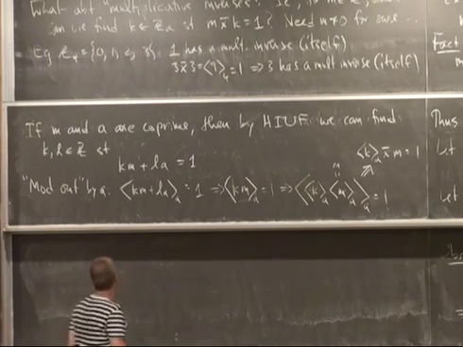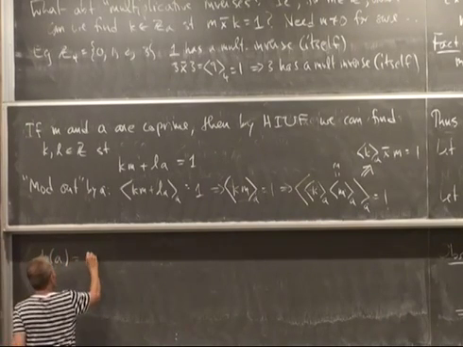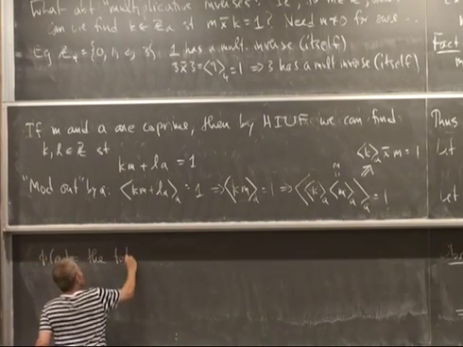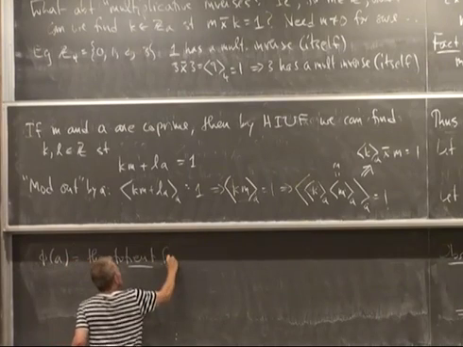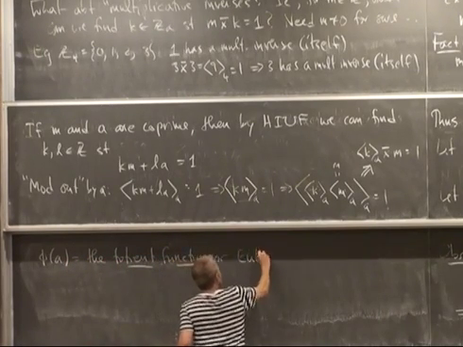All right, so phi of A is called the totient function, or Euler's phi function.